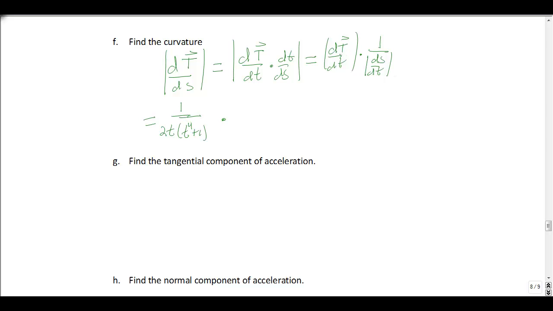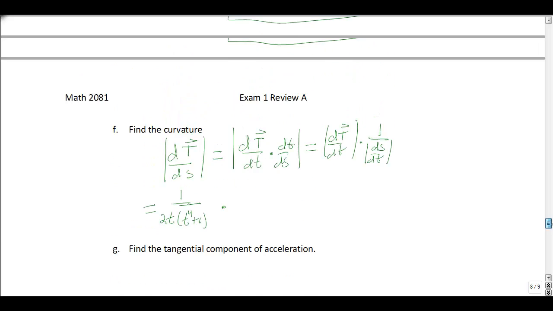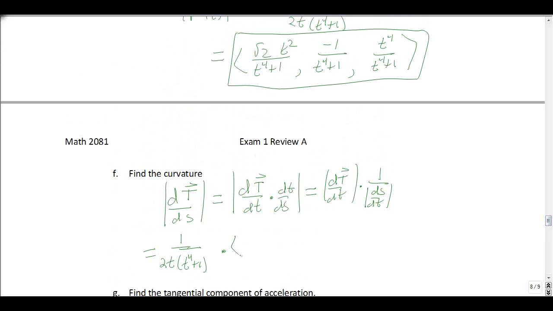And then the derivative of our unit tangent with respect to t, I'm going to do this component-wise. So for the first, I have to do a quotient rule. Bottom, t to the 4th plus 1, times derivative of the top, which is 2 square root of 2t, minus the top, which is square root of 2 t squared, times the derivative of the bottom, which is 4t cubed, all over the bottom squared.